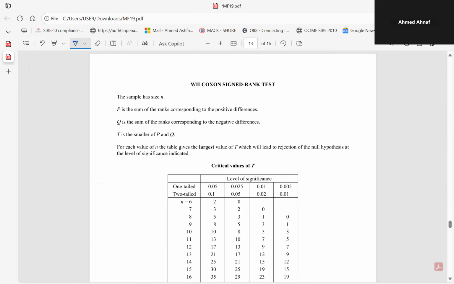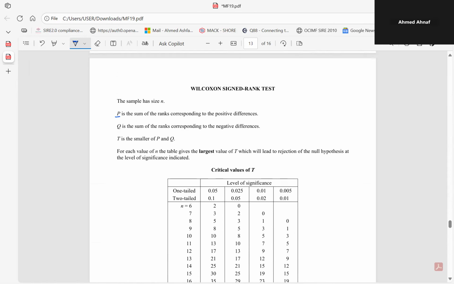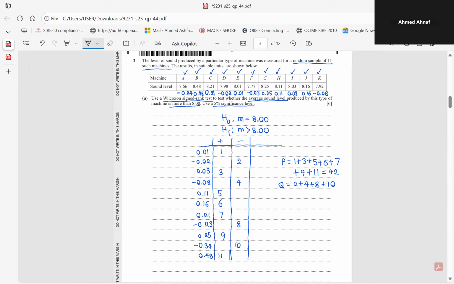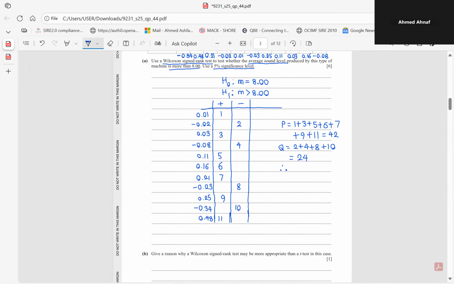For the signed rank test, P is the sum of the ranks corresponding to positive differences, Q is for the negative differences, and T is the test statistic, the smaller of P and Q. So P is 42, and Q would be 2 plus 4 plus 8 plus 10, that's 24. Therefore, our T equals 24. This is our test statistic.